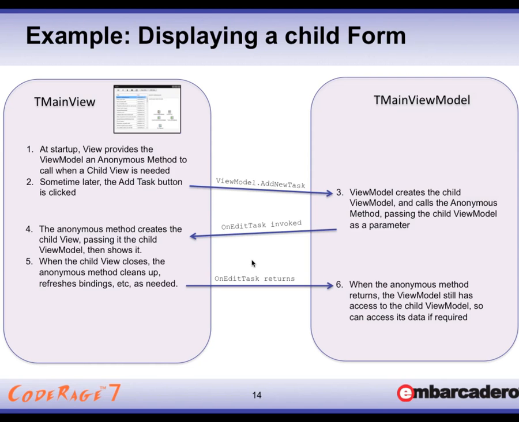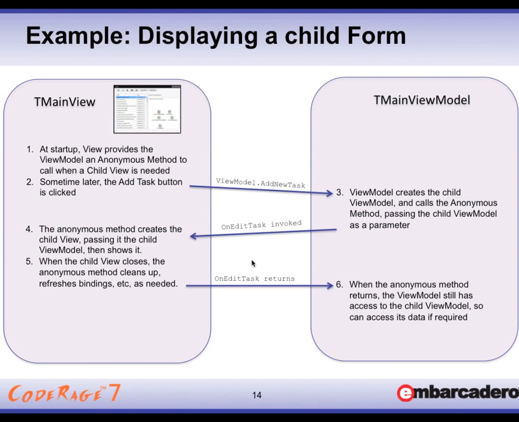But at the same time, remember, my view model doesn't know anything about the user interface. So I don't want it to actually create a form and display it to the user, because that would break that separation. So we have this interesting problem of how does my view model display a child form and then get the information out of it, while at the same time knowing nothing about the child form and even which particular view might be used to represent it.